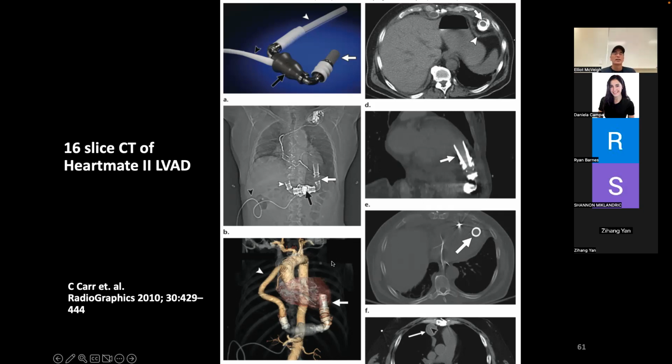The great thing about CT is that all of this hardware is completely imageable, so you can make a model of the patient with all the devices in there. It's very difficult to do this with echo because metal reflects ultrasound in a wild way, and you wouldn't take this person anywhere near an MR scanner for obvious reasons.